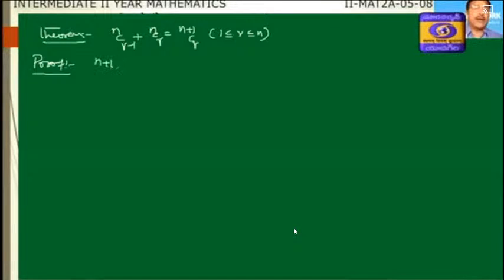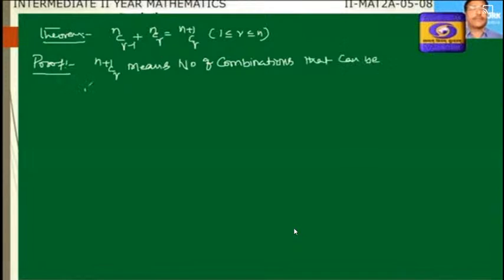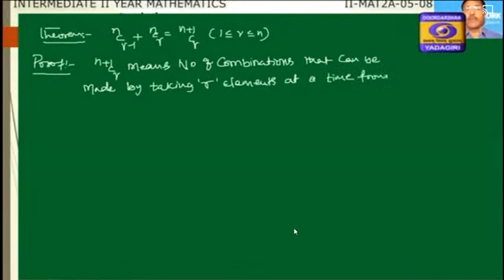So n plus 1 CR means the number of combinations that can be made by taking r elements at a time from the given n plus 1 distinct elements.